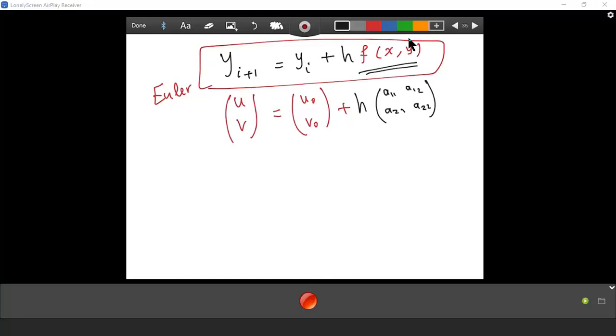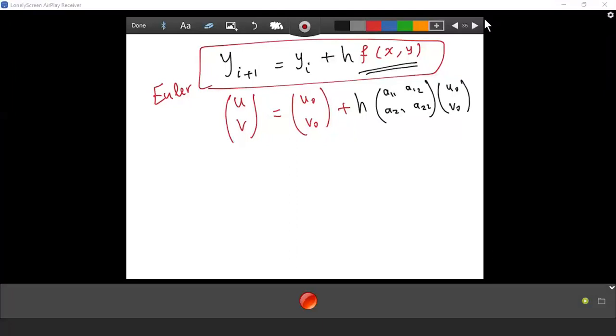So this is the point of having the Euler method using the eigenvalues and eigenvectors. This is how to write the Euler formula for this system.